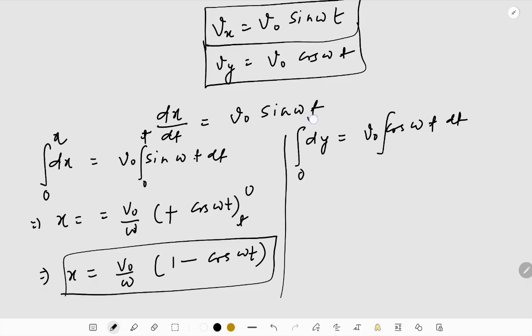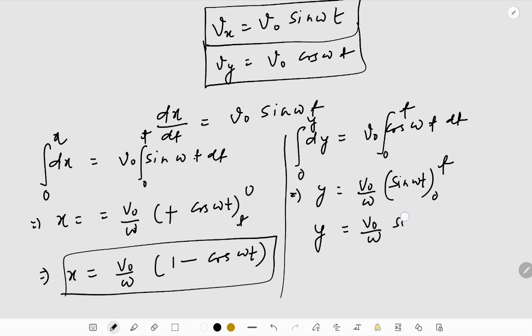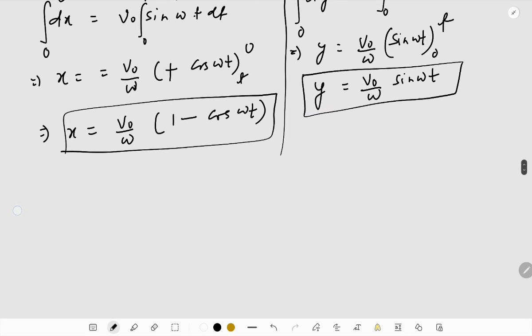I'm going to integrate it again, so that the left hand side becomes y, and the right side is V0 by omega times sin omega t, limit of sin omega t from 0 to t, so that it simply becomes y equals V0 by omega sin omega t. So I got the equations, x in terms of time and y in terms of time.